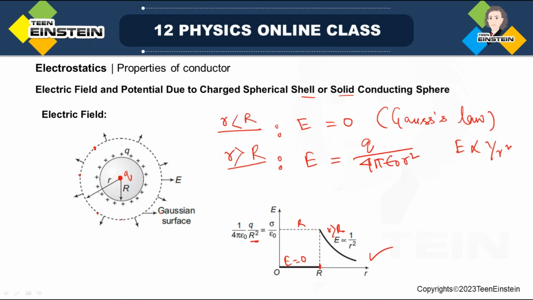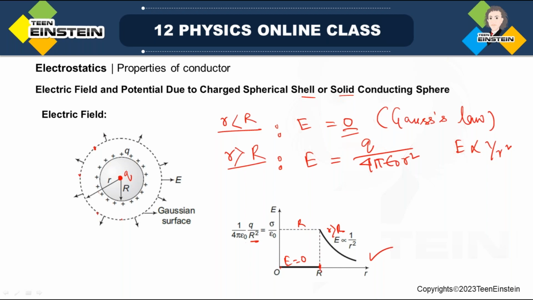So if I have to draw the variation of the electric field all the way from the center to any outside point, how do I draw it? Look here. This is the center. What is the value of the electric field at the center? That will be 0. At any point up to the surface, where capital R is the radius, the electric field will be 0.